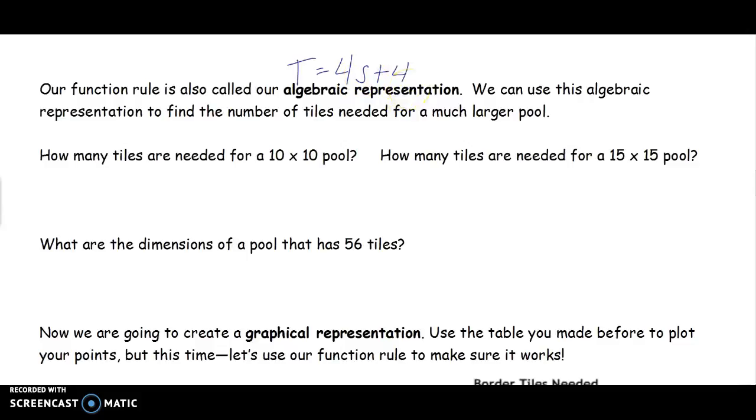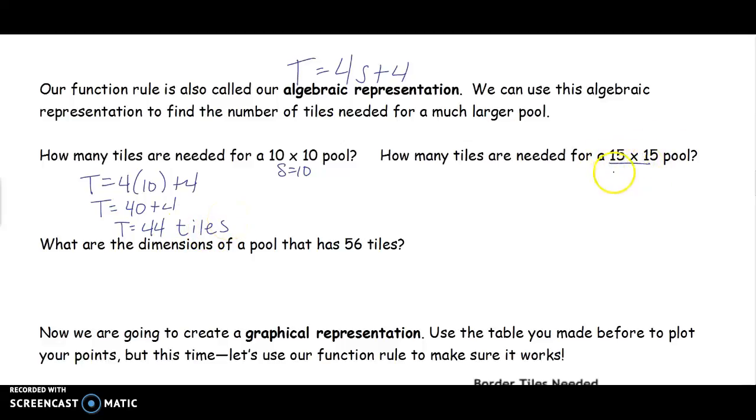We know that when we're given an equation, we can substitute a value in to get an answer, okay? So if I said how many tiles are needed for a 10 by 10 pool, well, we know that our side length is 10. So we would take this and substitute it into S and solve. 4 times 10 is 40, plus 4 is 44. So for a 10 by 10 pool, you need 44 tiles.